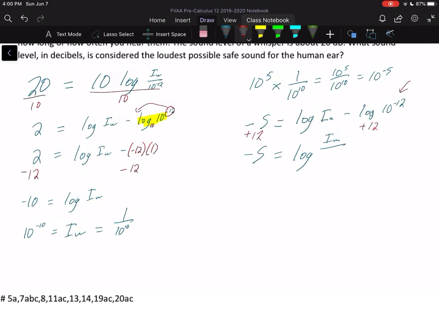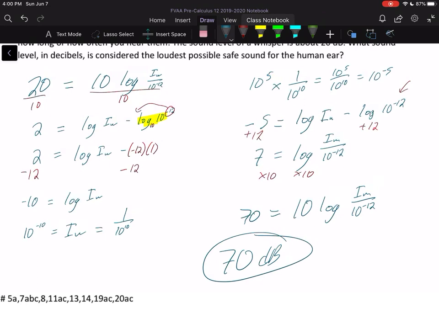So that's where that's coming from there. And so that becomes 7 is equal to that. And in order for me to get back to an answer that is 10 log of intensity max over 10 to the negative 12, I need to multiply both sides by 10. And that's going to give me 70. Okay, so 70 decibels would be your answer there.